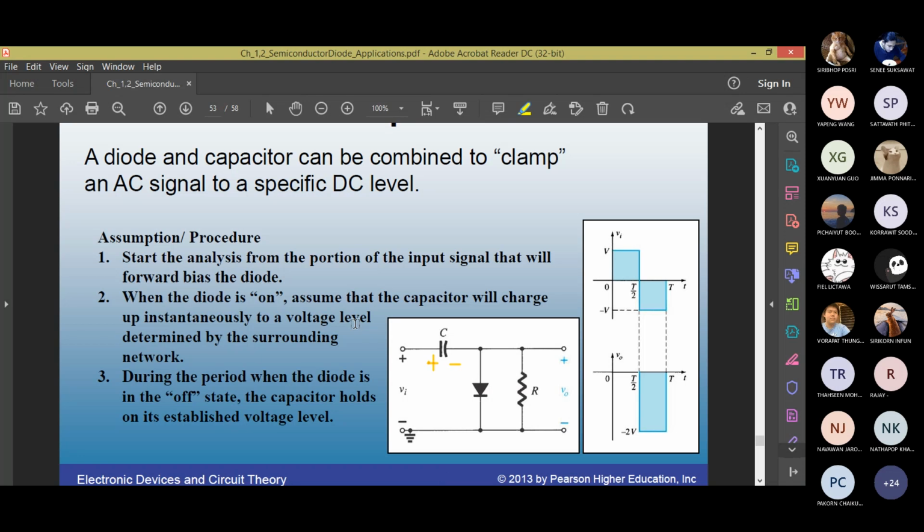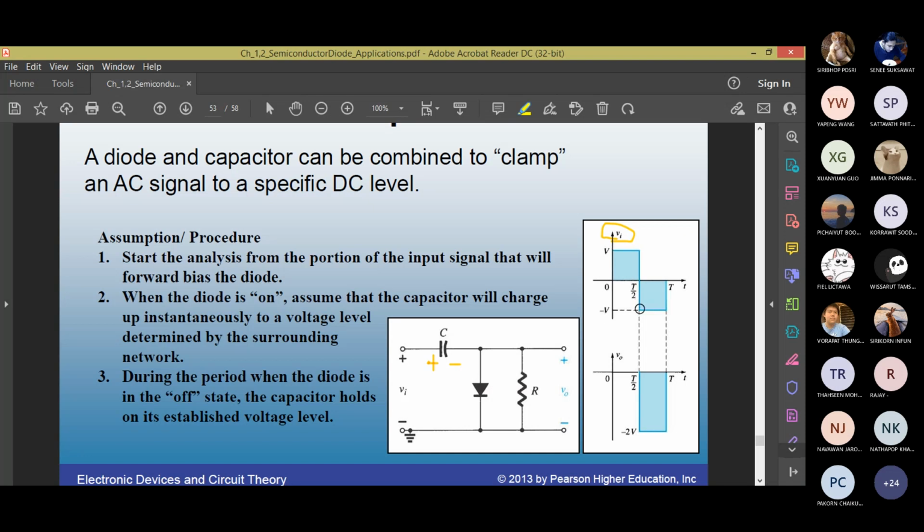There are multiple parts of the analysis. There are 5 parts actually. The lecture slide shows you only 3. First, I'll tell you the number 4 and number 5. First, you have to start the analysis from the portion of the input signal which will forward bias the diode. So look at the input signal. Here, the input signal, positive peak, negative peak, this is a square wave, which means you have plus, minus.